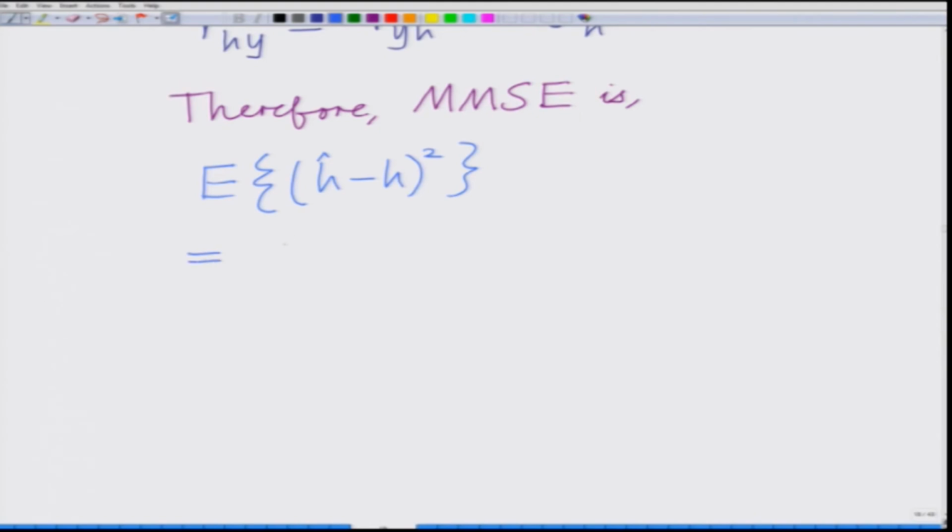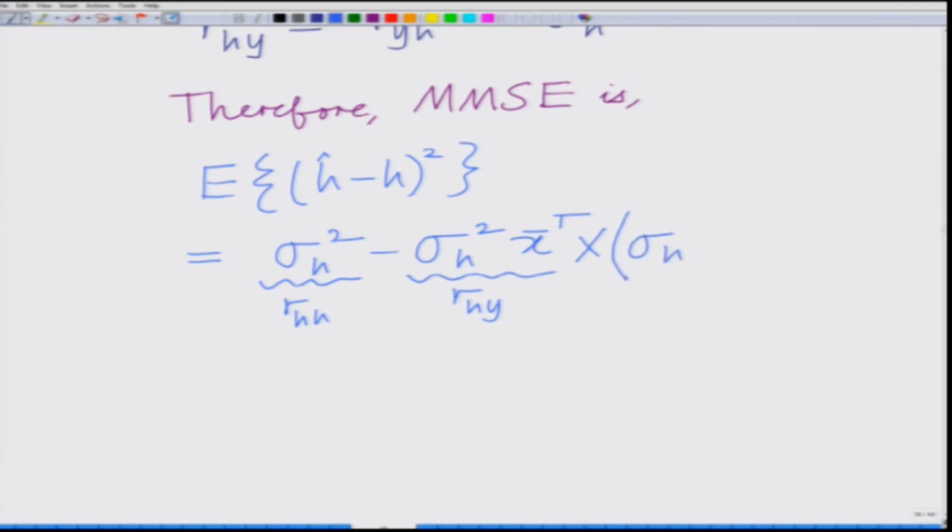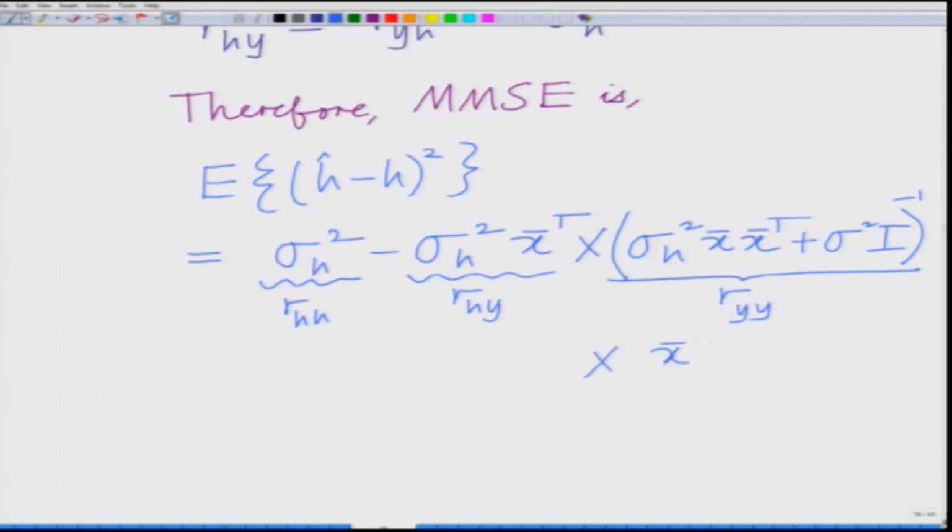Now substituting these quantities, RHH is sigma H square, minus RHY, that is sigma H square times x bar transpose, times, remember RYY inverse, that is sigma H square x bar transpose plus sigma square identity inverse, times RYH, that is x bar into sigma H square. Okay.